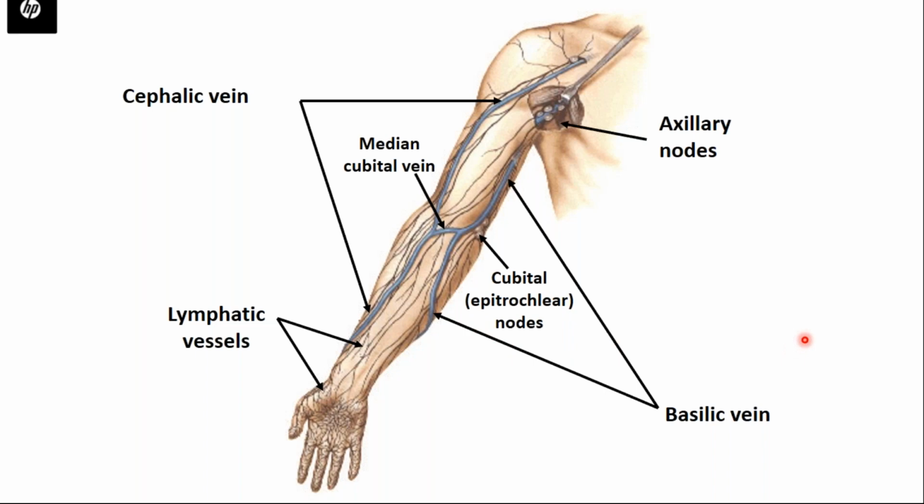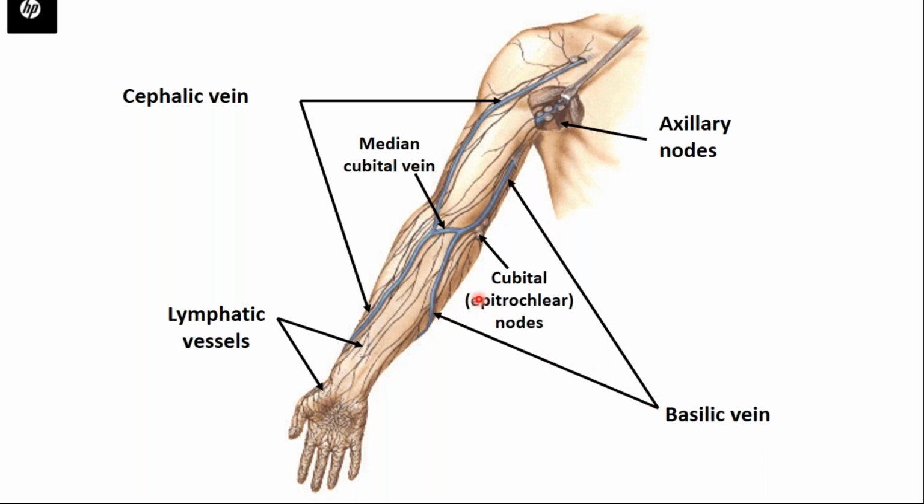If they are enlarged, you can suspect certain diseases, like tuberculosis. One of the important ones you can see in the clinicals, though they will tell you it's not the most common: if the epitrochlear lymph nodes are enlarged, you can suspect lymphoproliferative diseases, as well as the sexually transmitted infection syphilis, which is rare these days.